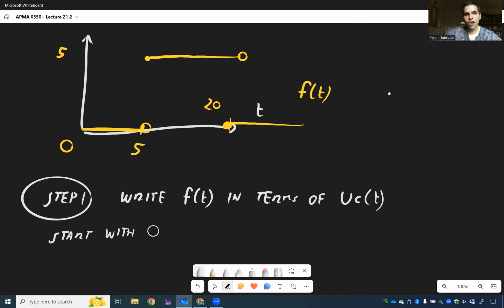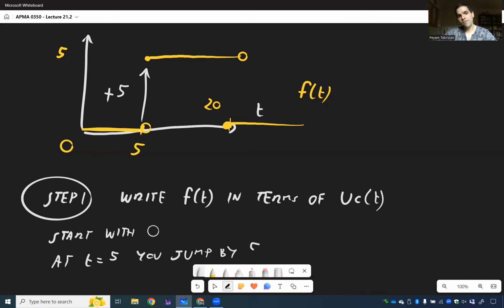The value is 0. And then at t equals 5, you jump by how much? Well, it goes from 0 to 5. So we jump by 5. So that gives us a plus 5 u5 of t. And then at 20, you go down from 5 to 0. So you jump by minus 5.